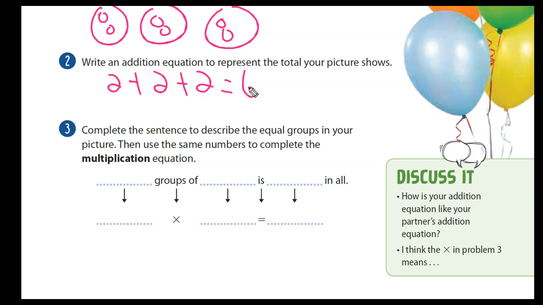How many groups did I make? 3 of them. And how many in each group? 2. The groups of means to multiply. So 3 times 2 should equal 6. Whenever I'm multiplying by 2s, I just double the number because 3 plus 3 is 6, right?